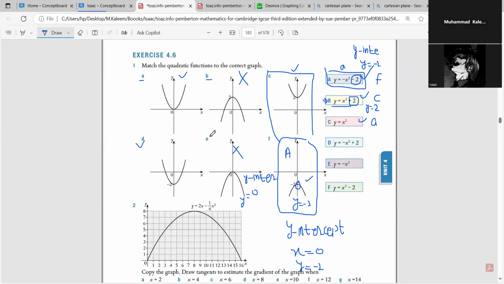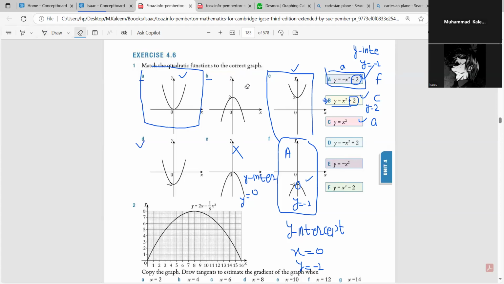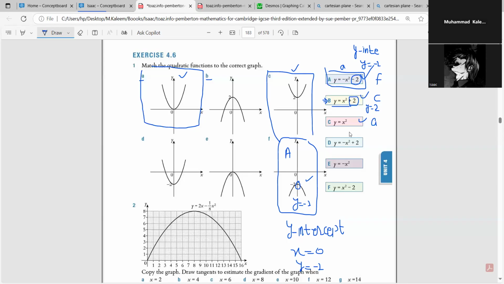Okay, check out the next one. So A is allotted to C. Three graphs, three equations for D. For D, which graph do we have? Is it B?